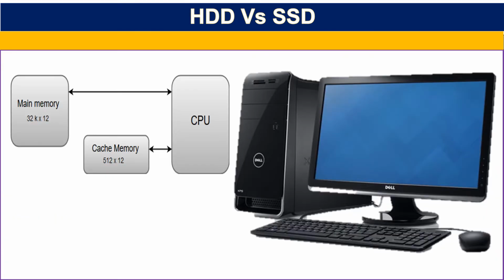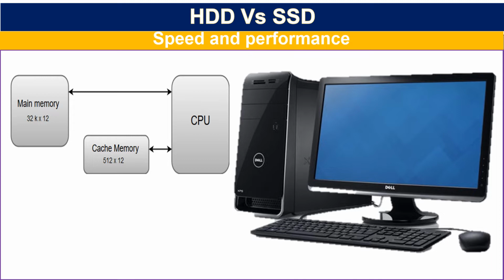The access time of RAM and cache memory in your computer is very low. The access time of RAM and cache memory is in the order of nanoseconds, which is very low compared to the access time of hard disk drives. Think if you have a very high-end CPU with good RAM and graphics card in your computer, but you will not get the best performance of your system if you are using a hard disk drive.